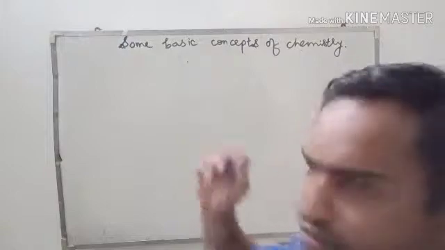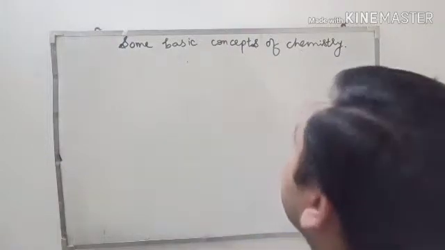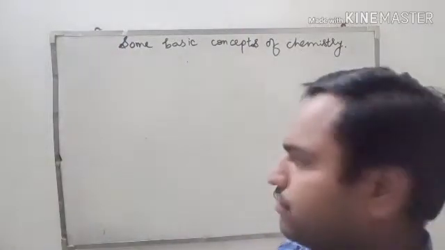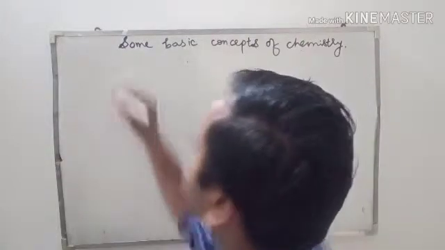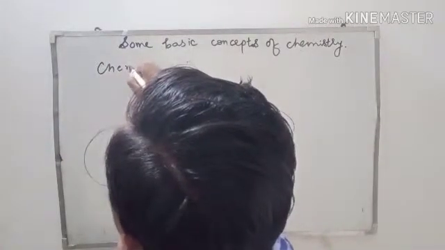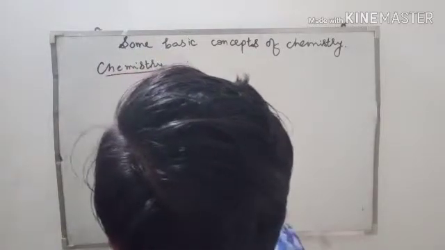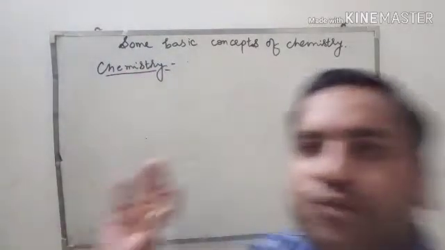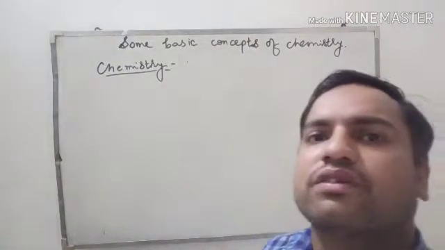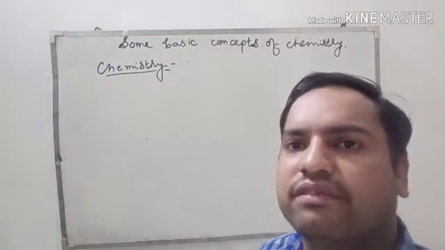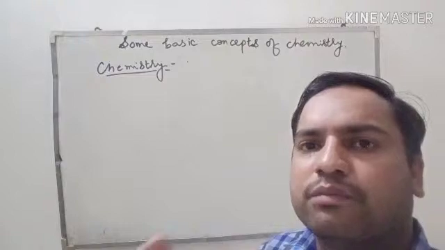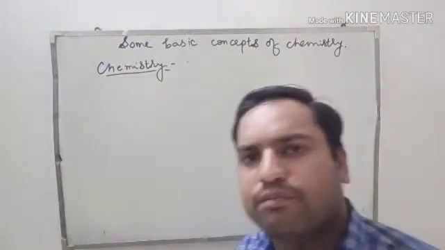Okay. So first we are going to start with the basic concepts of chemistry. So chapter 1, first we should start with what is chemistry. So what do you mean by chemistry? Basically, chemistry is the branch of science in which we deal with the properties, the structure, the composition.